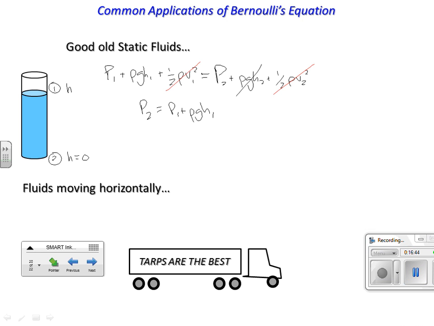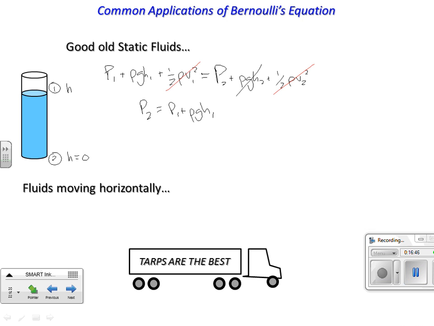Another one, I don't know if this is a common one, but fluids moving horizontally. You ever seen one of these? Typically dump trucks have a tarp on the back. This is a truck that sells the tarp, a tarp company truck advertising their tarps. Anyway, this truck is moving.